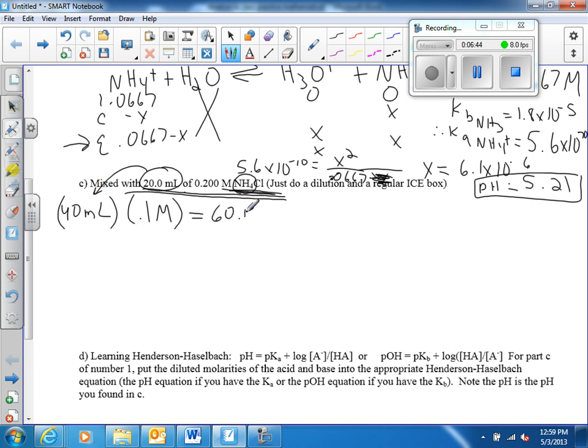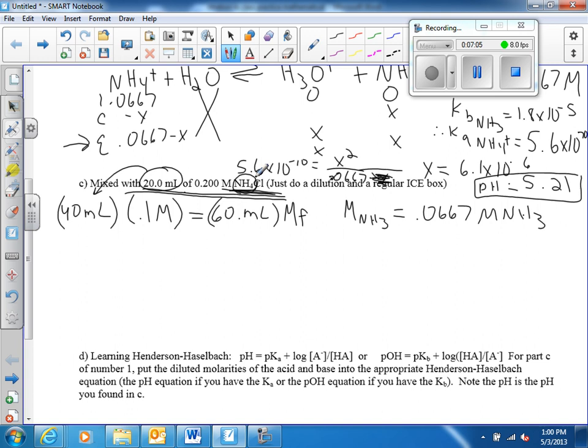My final volume is 60 milliliters, Mf. And so the molarity for the NH3 is going to be 2/3 of 0.1, which is 0.0667 molar NH3.